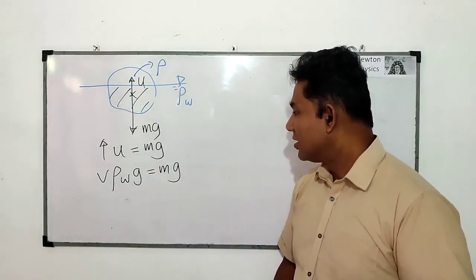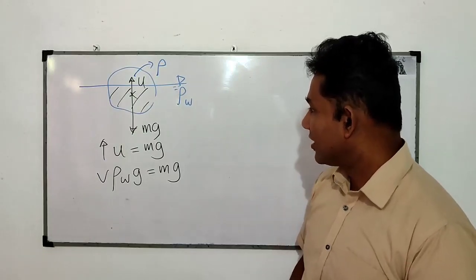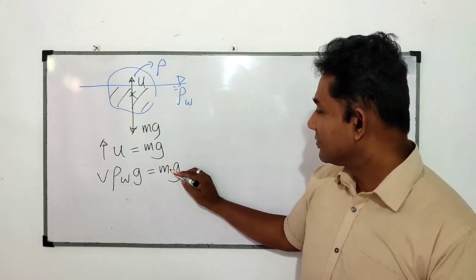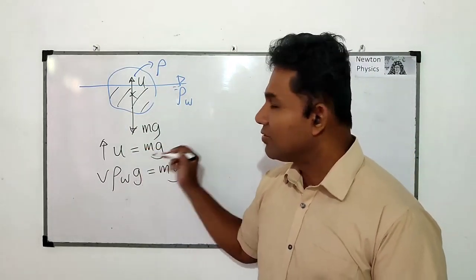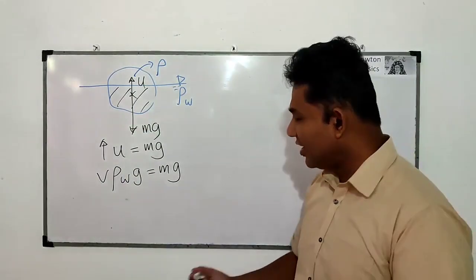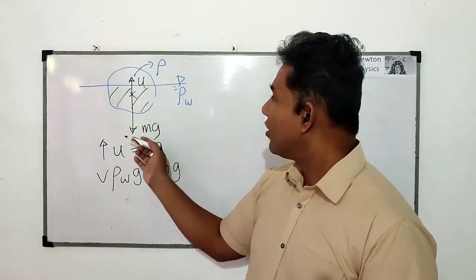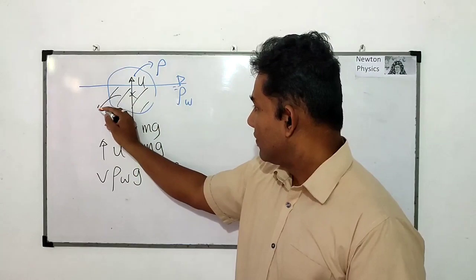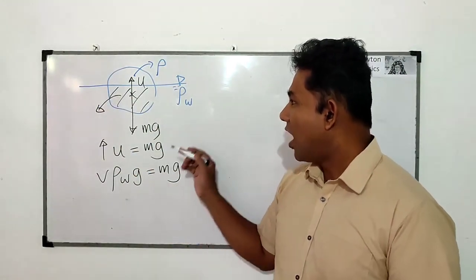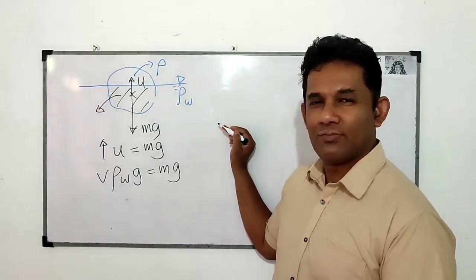Now think about the mass of the object and the immersed volume. Here, think that the immersed volume of the object is half of its total volume.